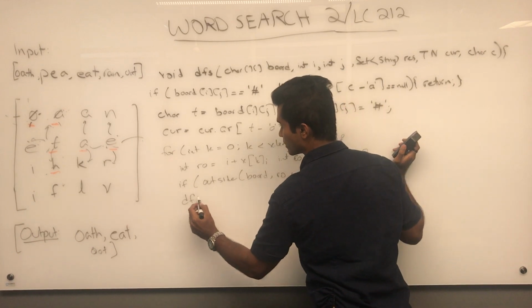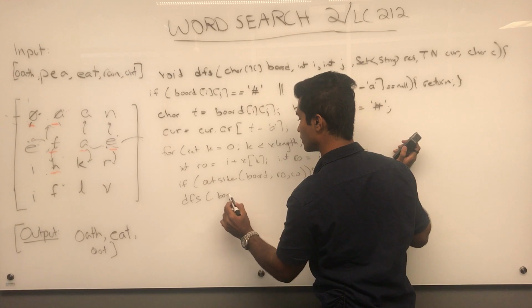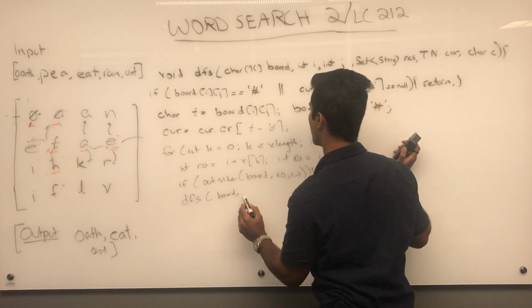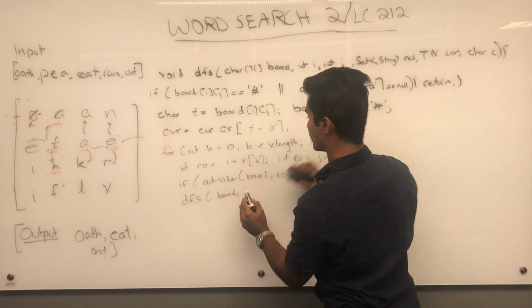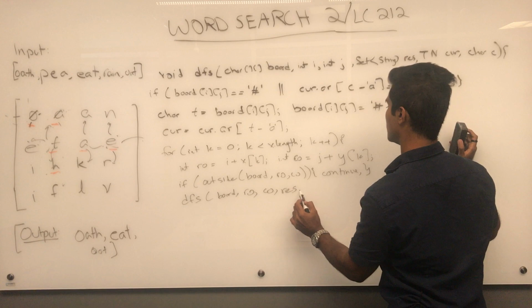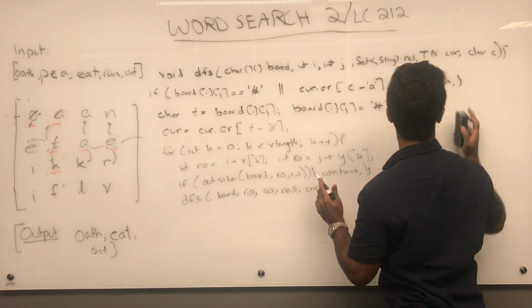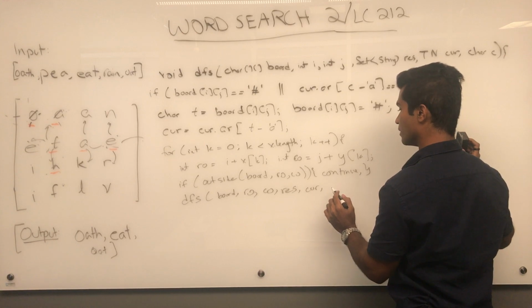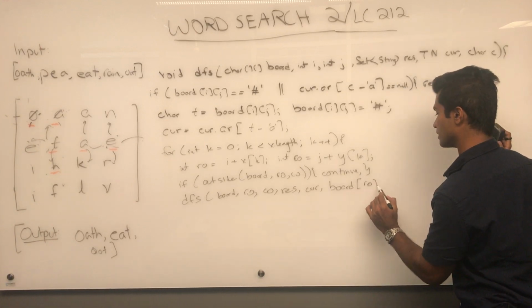Otherwise, we can recursively call our board, row, co, and then there's a result, and then cur, which has been updated here, and then this character t, which is going to be the next letter that's being passed in.